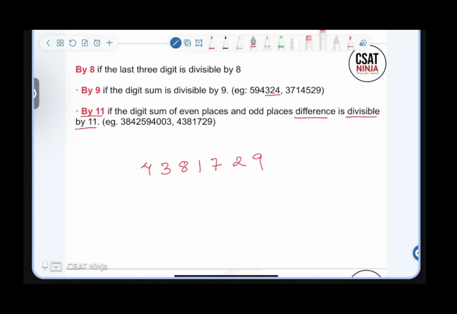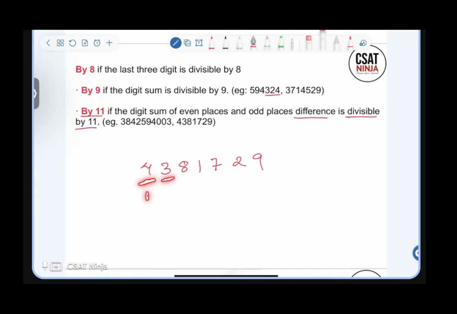So this is an odd place, this is an even place, this is an odd place, this is an even place, this is an odd place, this is an even place, this is an odd place. Remember, we are not talking about whether the digit is an odd number or an even number. We are talking about their place here.